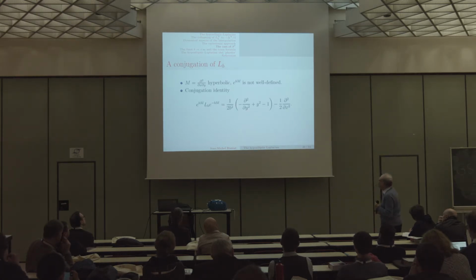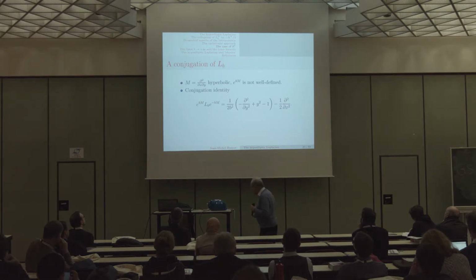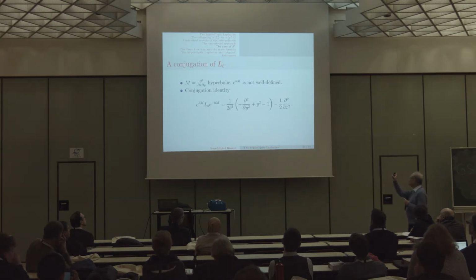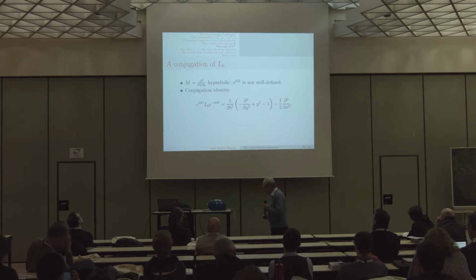However, what I meant by the conjugation before is that if this conjugation made sense, the original LB, the original hypoelliptic operator, would be conjugated by this badly defined e to the bm to another operator on the right-hand side, which is much better. It is an operator in which the coordinates x and y have separated, and besides, the operator on the right-hand side is itself self-adjoint, and it is now elliptic.